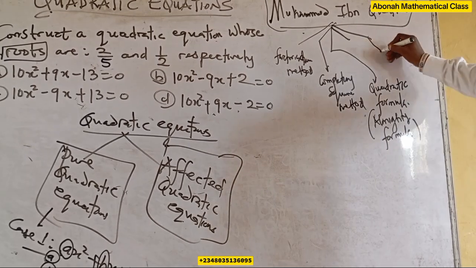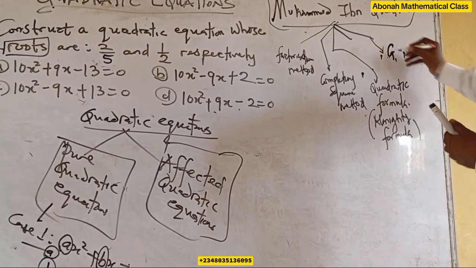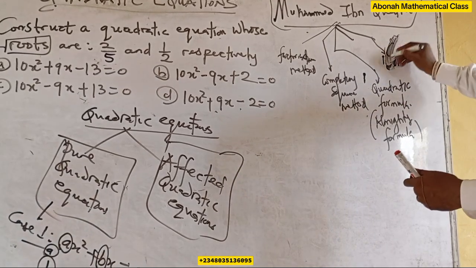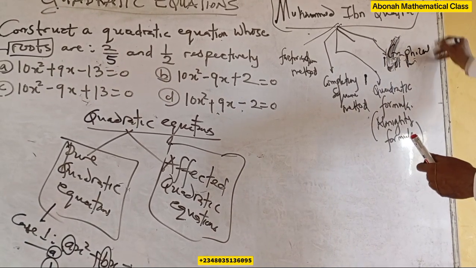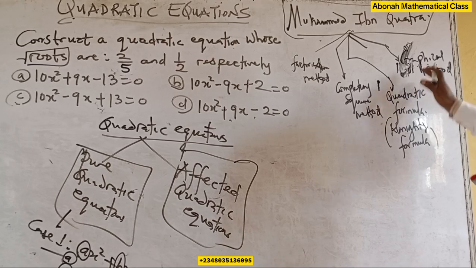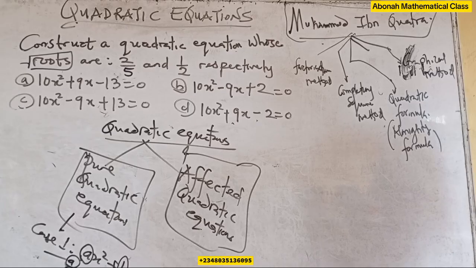And the last one is called the graphical method. These are the 1, 2, 3, 4 methods of solving quadratic equation.